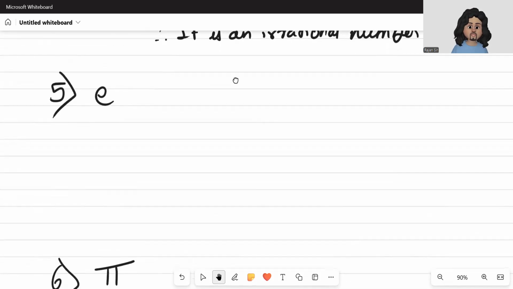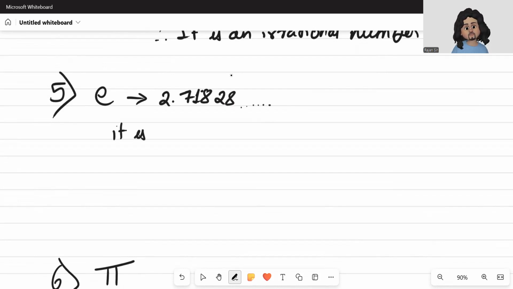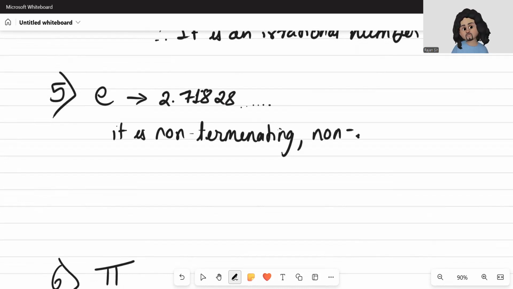Now, very interesting and very famous, we have e. Now, e is also known as Euler's number, and in general it is written as 2.71828 and dot dot dot and so on. Now as you can see, it is a non-terminating, non-recurring decimal number.